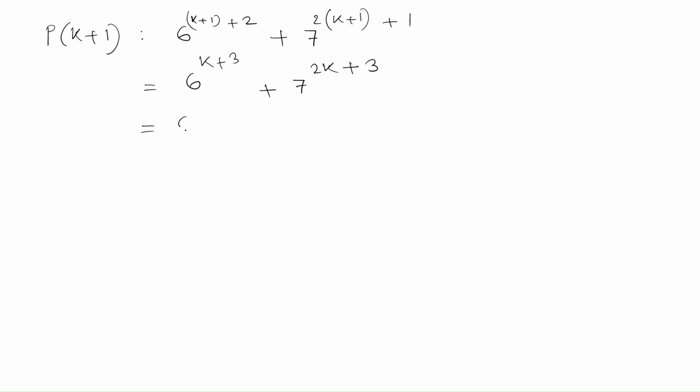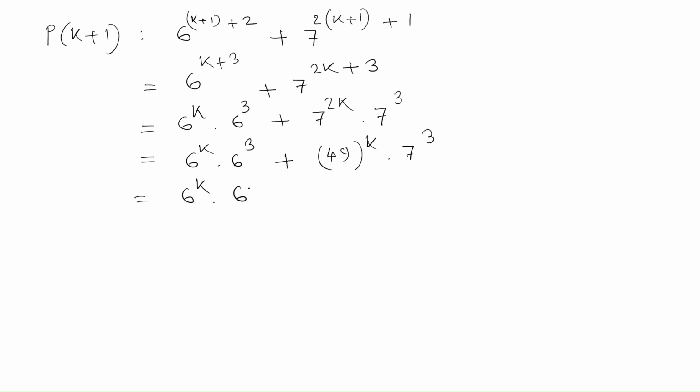We can write it as 6 power k into 6 cube plus 7 power twice k into 7 cube. 7 power twice k can be written as 49 power k into 7 cube. So 6 power k into 6 cube plus 49 can be written as 43 plus 6, power k, into 7 cube.